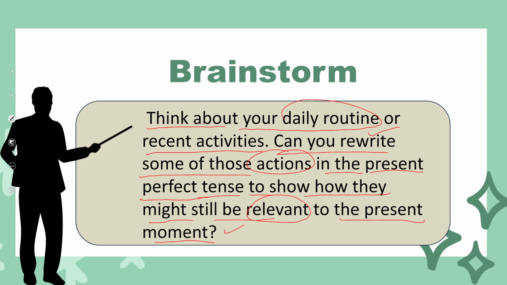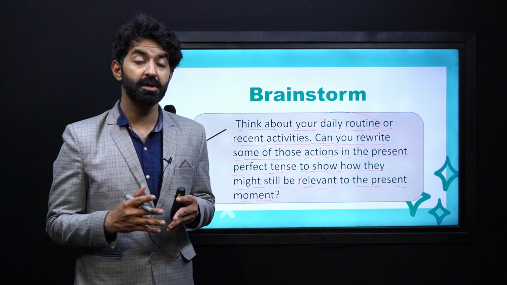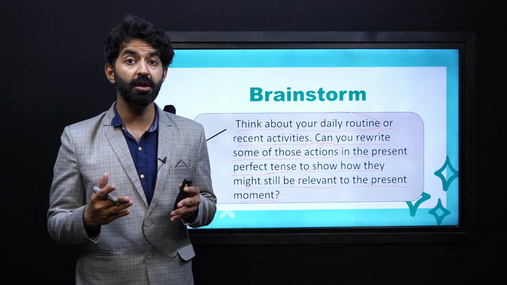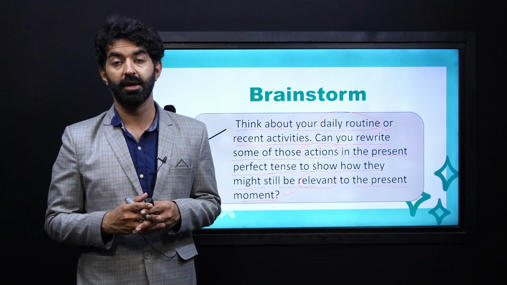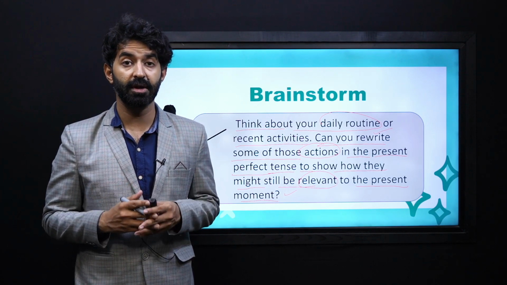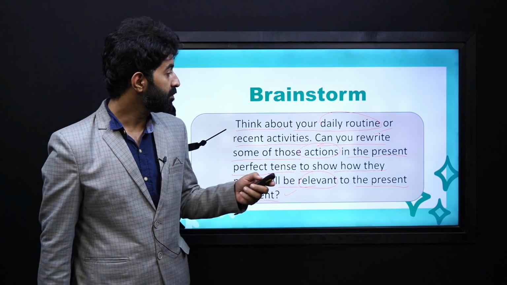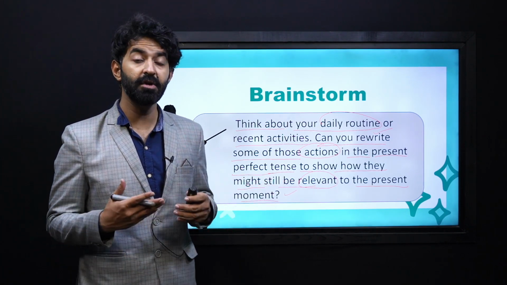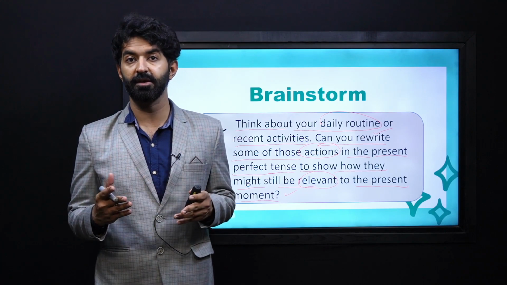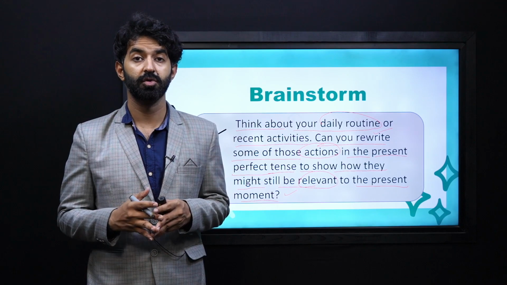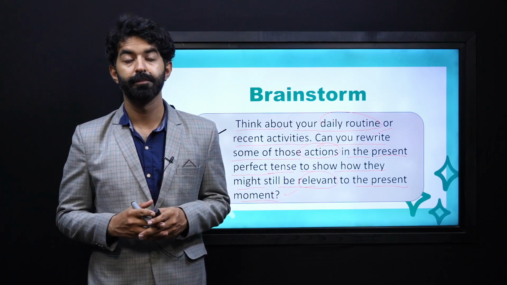So if something has happened in the past, how is it still connected to the present, or is it still going on? This is what we learn in our present perfect tense. So can you come up with your daily routines, daily actions and activities, and make such a sentence in the present perfect tense that it's still relevant to the present moment?